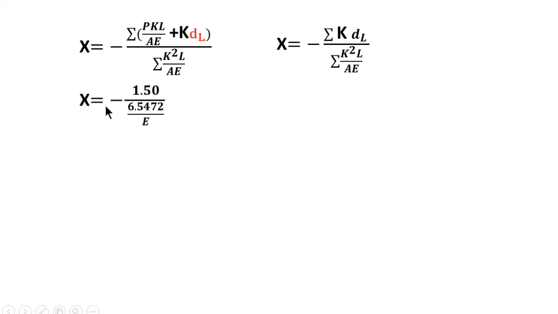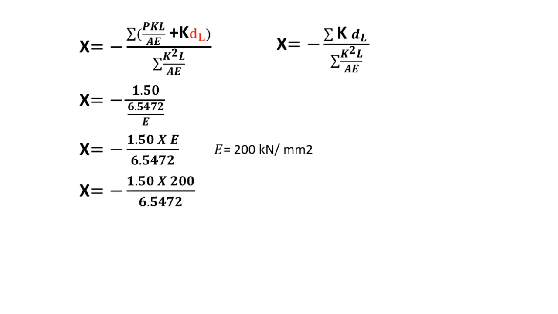So here x is equal to minus 1.5 divided by 6.5472 divided by AE, and here we are taking x equal to minus 1.5 into E divided by 6.5472, and the value of E is given as 200 kilonewton per mm square. So putting in, x is equal to minus 1.5 into 200 divided by 6.5472.